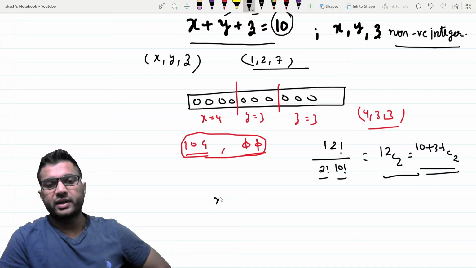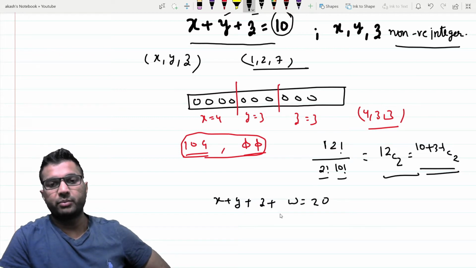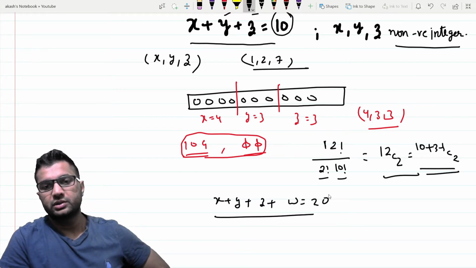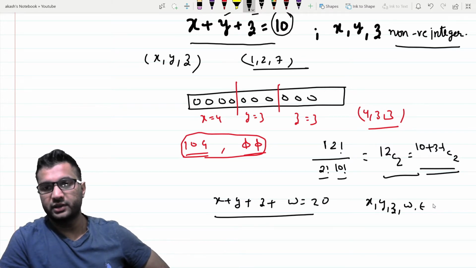If we have x plus y plus z plus w equal to 20, then the number of ways to distribute these 20 coins, or the number of possible solutions of this equation where x, y, z, w are non-negative integers, is found like this.